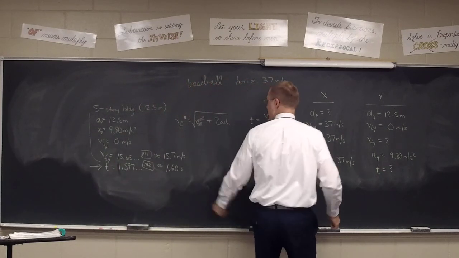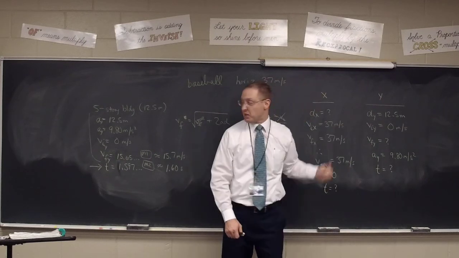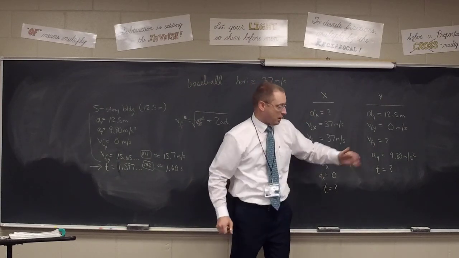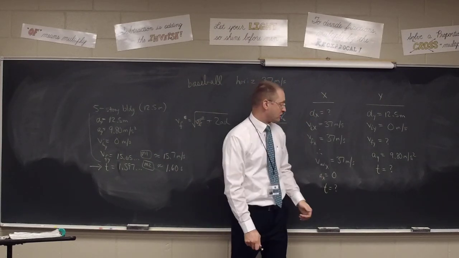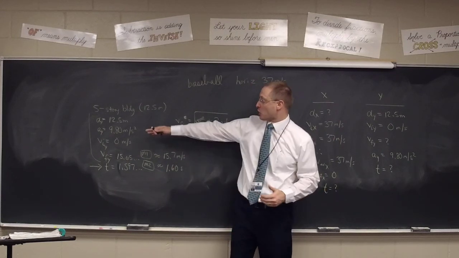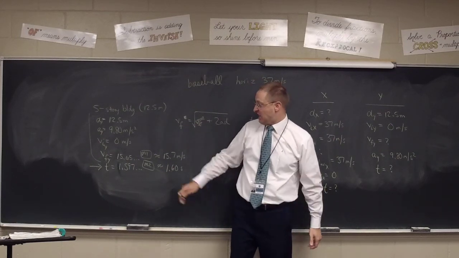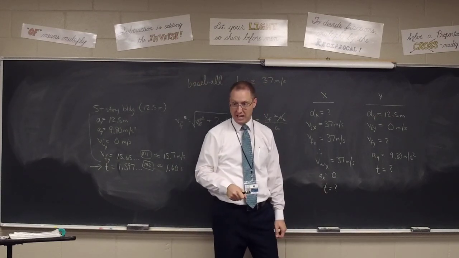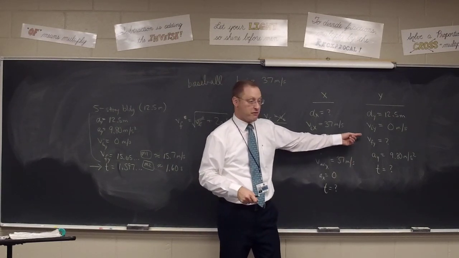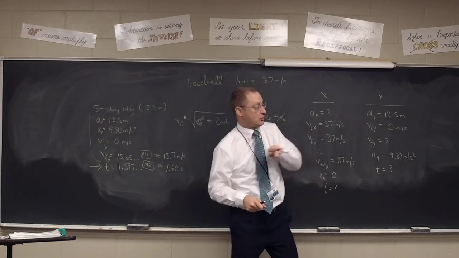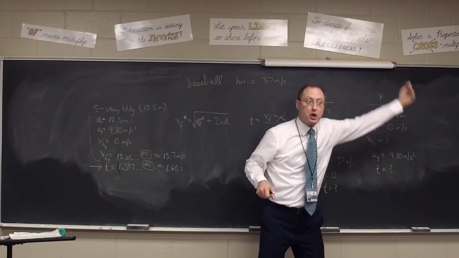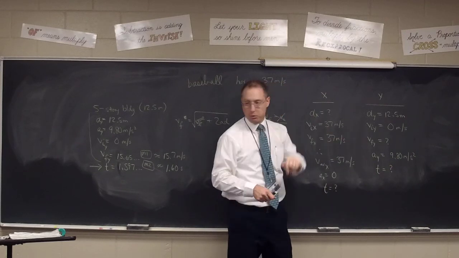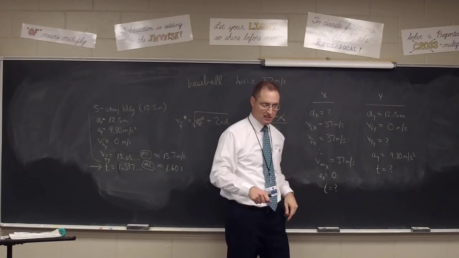After all, in the last problem we had a displacement of 12.5 meters, an acceleration of 9.80 meters per second squared, it started out vertically at nothing, then by the end it was at a drop rate of 15.7 meters per second. Do you realize that vertically, right before it hits the ground somewhere over there, it'll be going 15.65 meters per second?